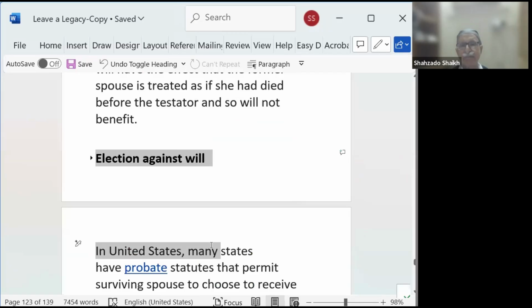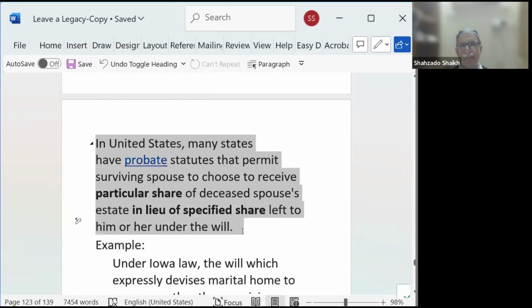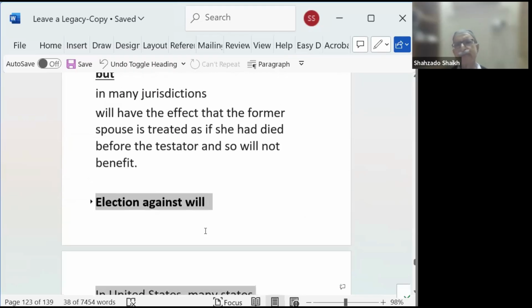Election against will. This is in fact Islamic. This is Quranic. But since some Muslims, I would say, although I think the majority of Muslims are violating the provisions of Quran, but let me be on the safe side and say that some Muslims are very openly violating the provisions of Quran and Sunnah, the injunctions of Islam. Election against will, what is that?